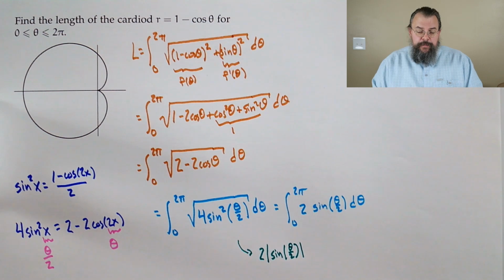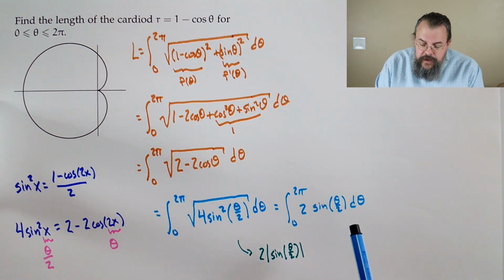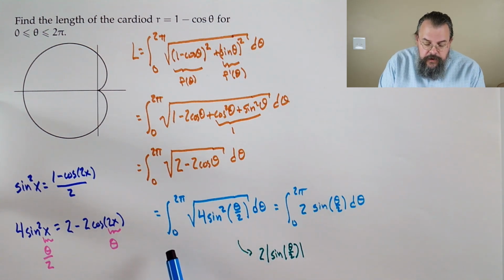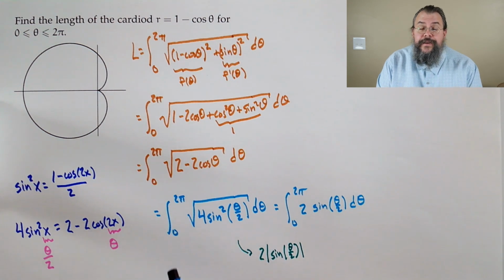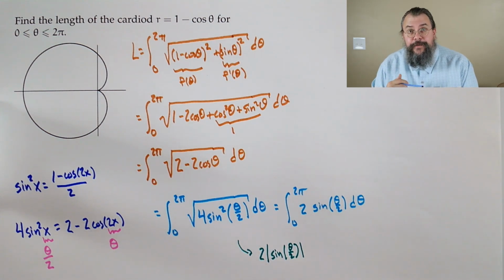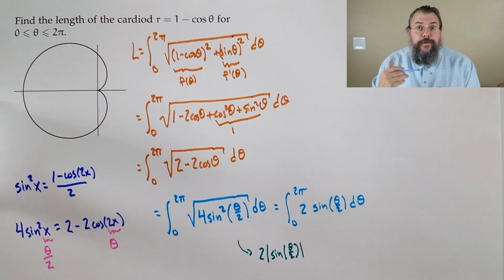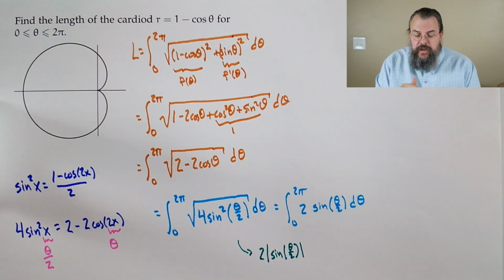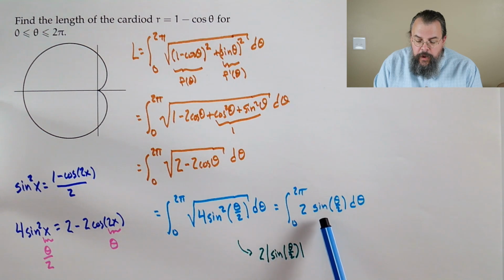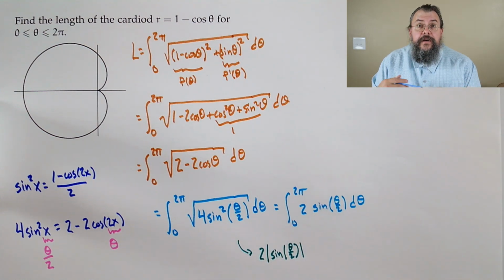Let's think about what's happening. First off, where does theta go from? It goes 0 to 2 pi. Where does half theta go from? It goes 0 to pi, halfway in between. So when I look at the sine function between 0 and pi, is it always positive, or a mix of positive and negative?